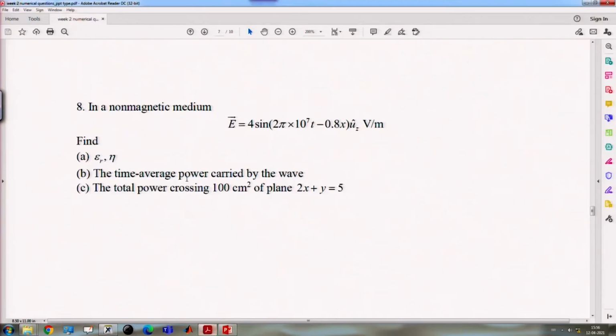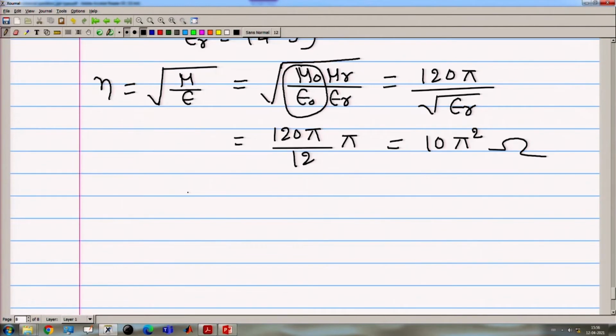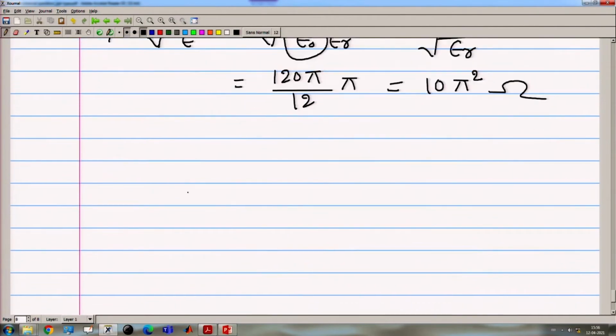Next part is the time average power carried by the wave. So, time average power carried by the wave we can find out by E cross H. So, time average power will be E naught square by 2 eta into ux.